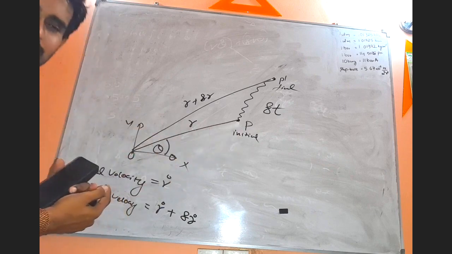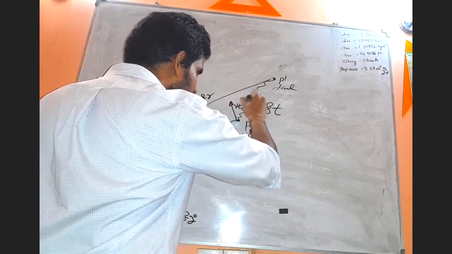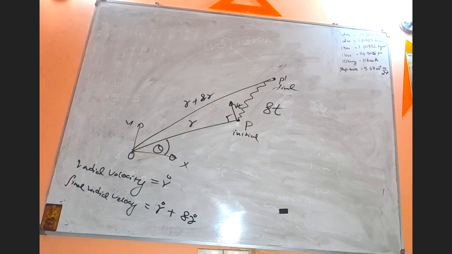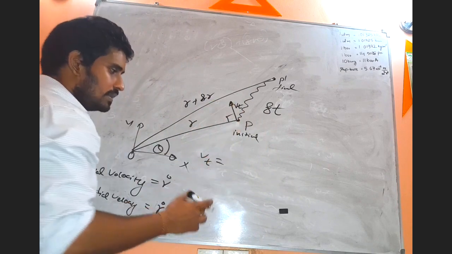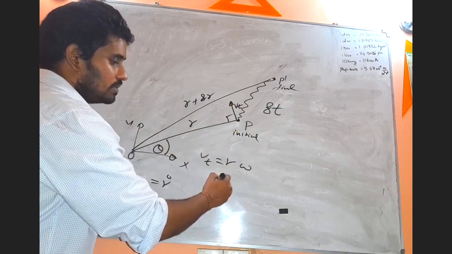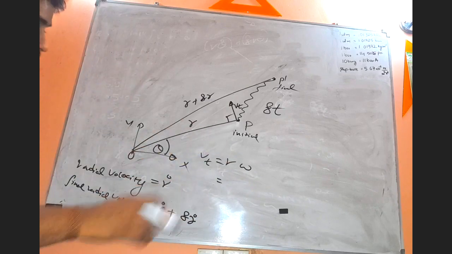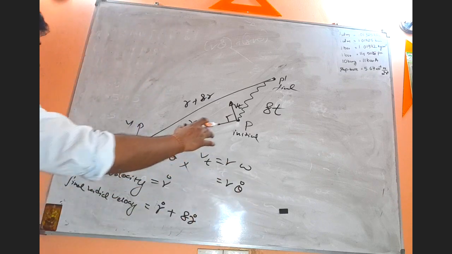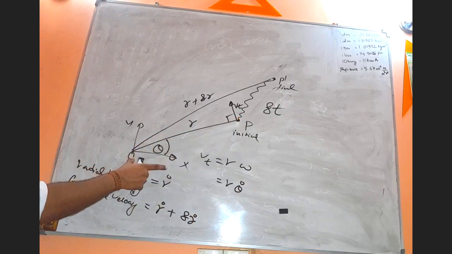If I call it Vt, the tangential velocity perpendicular to this radius, that is given by the radius times the angular velocity omega. So according to this initial situation, it will be r times theta dot, because this initial position P is making an inclination of theta with respect to the horizontal.